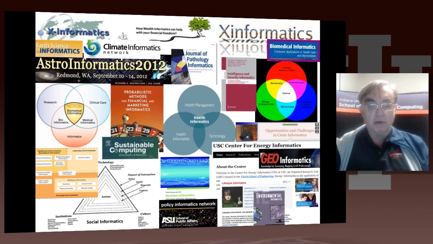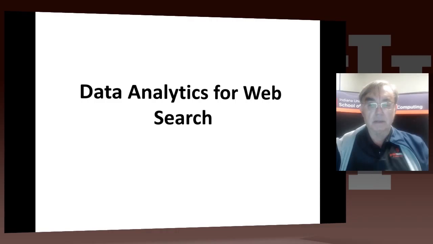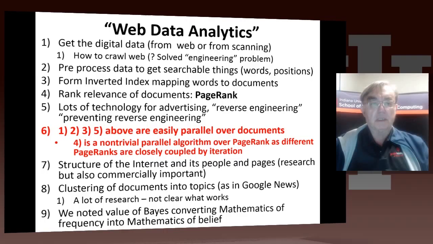And here are all the various X informatics this class does, and let's just have a review of the different aspects of data analytics needed in web search. So we have here 8 sort of components of web data analytics. One is getting the digital data. It's scanned in from books, or it comes from the web. And as a part of that, you have to crawl the web.